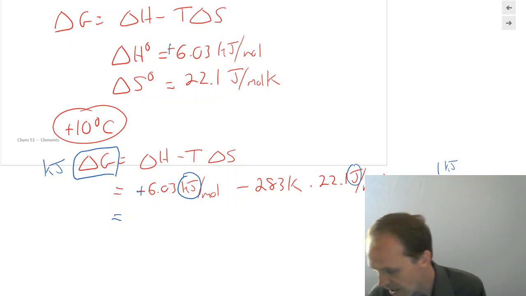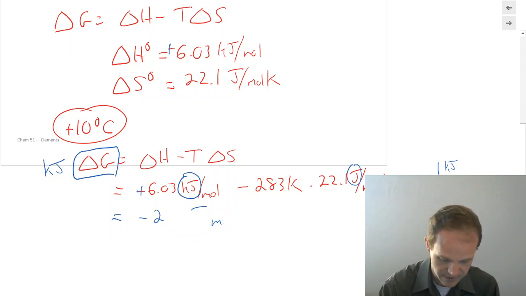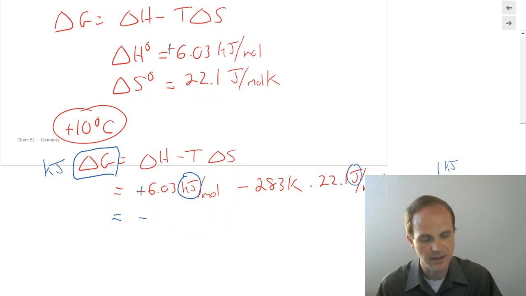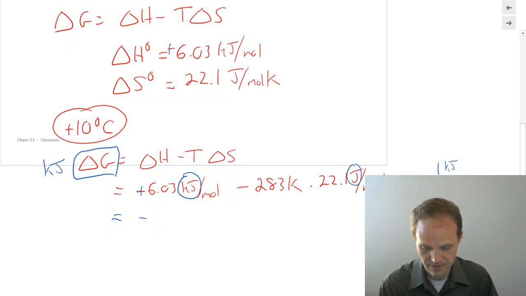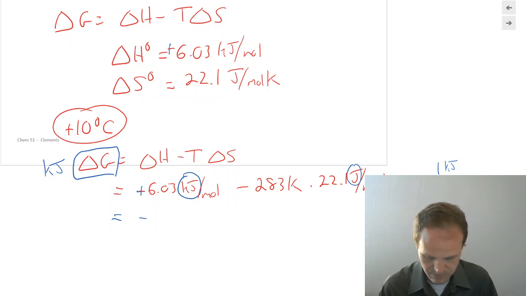Okay, so at positive 10 degrees Celsius, let's go ahead and type that in. It's going to be divided by 1,000.